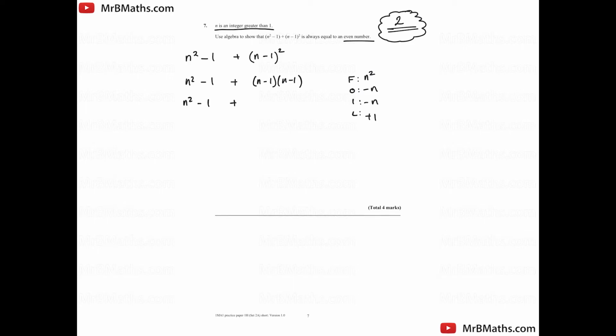So if we write all of this here to the left, we end up with n squared minus n minus n plus 1. So simplifying this, we end up with n squared minus 2 lots of n plus 1. Now at this point, we can collect some like terms. So I'll just underline some like terms for now.